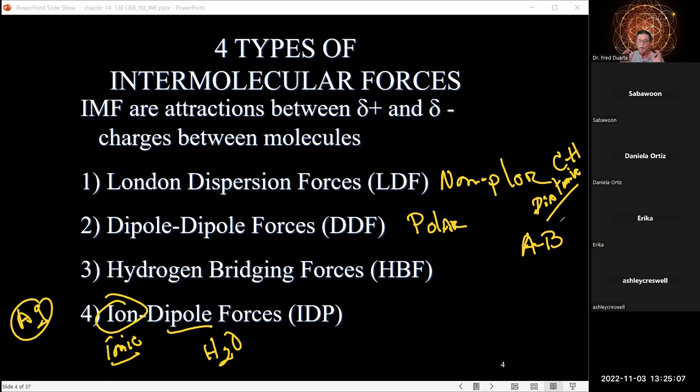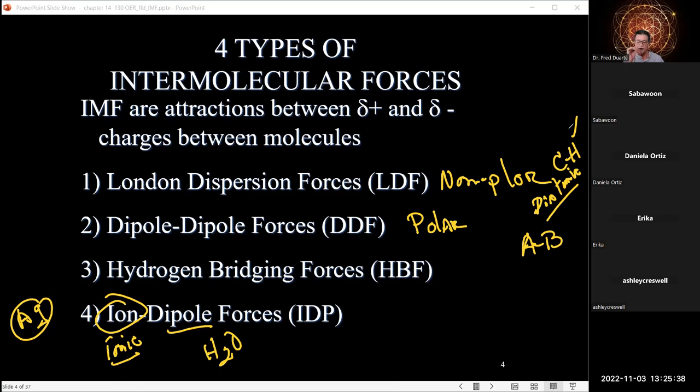Automatically, you have a polar bond unless it is a carbon-hydrogen bond, which is automatically a nonpolar bond. Now just remember the AB. I can't overemphasize that because sometimes students forget. Well, how do I know it's polar? Well, just look at it. If I have 2 different atoms bonded to each other, automatically I have a polar bond. That's it. I don't know what other way to tell you, unless it's carbon-hydrogen.